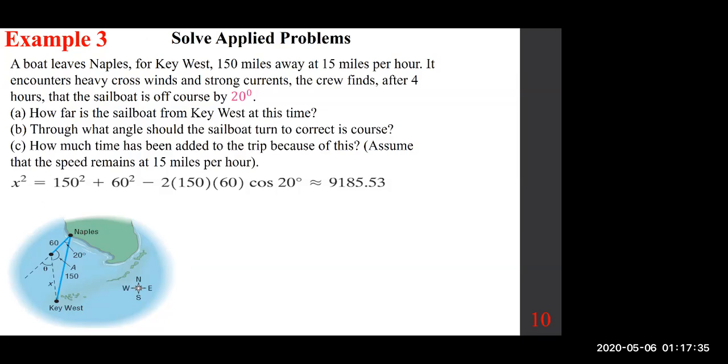Remember what the cosine law says? A squared equals b squared plus c squared minus 2bc cosine A, okay? So we can find x this way.